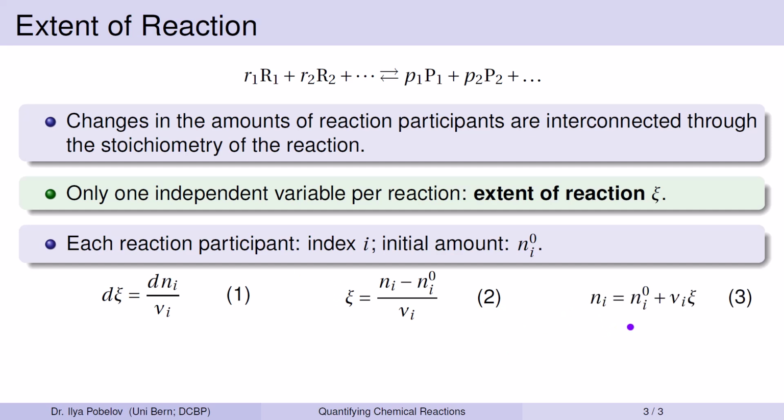Conversely, if the extent of reaction is known for a certain state of the reaction mixture, the amount of any reaction participant i, N_i, can be calculated as its initial amount, N_i^0, plus the product of its stoichiometric number, ν_i, and the extent of reaction ξ.